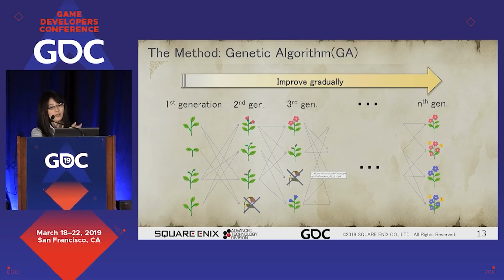To create parties, we use a genetic algorithm, which will be referred to as GA in this presentation. GA is a method for combinatorial optimization based on biological evolution. GA simulates the evolution of individuals in an environment.